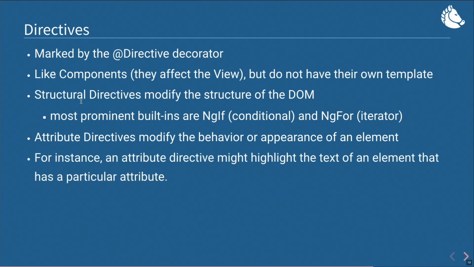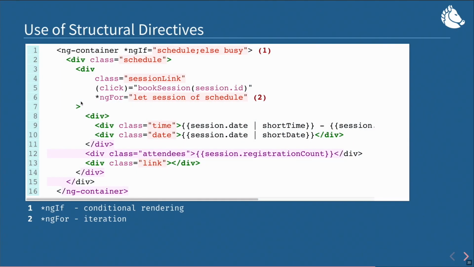And I have quite a bit of content, so I'm going to run through it pretty quickly. An attribute directive, for instance, could be used to highlight a piece of text. It basically says, if I find a particular directive in your template and I'm in the scope of the dependency injector, I'm going to highlight that text. And right here, we see an ngIf directive.